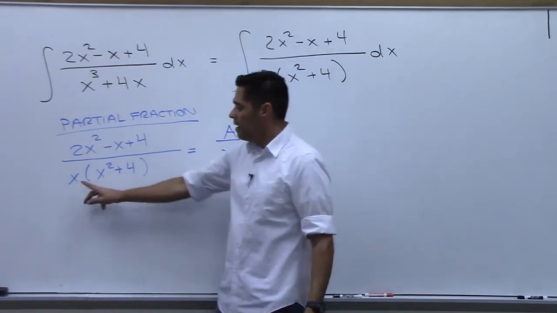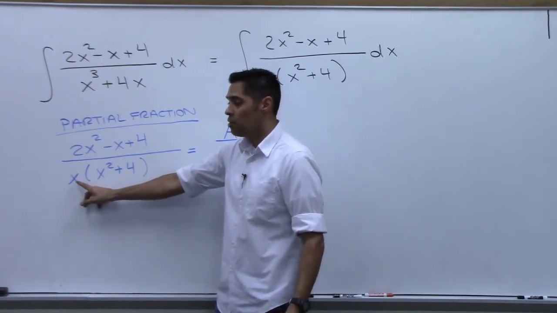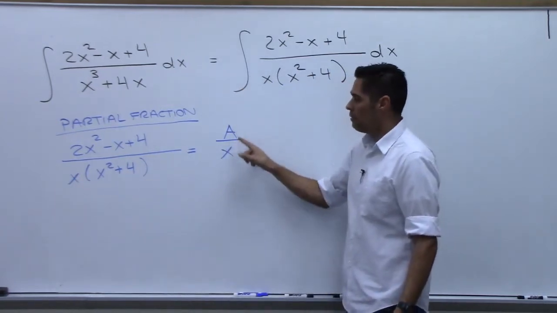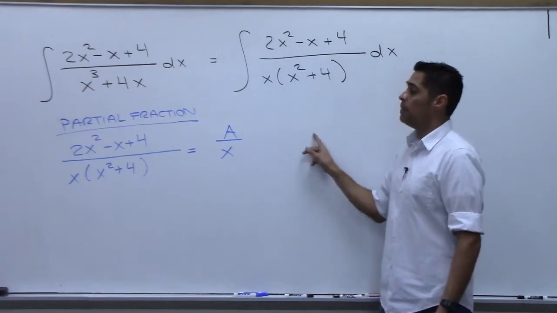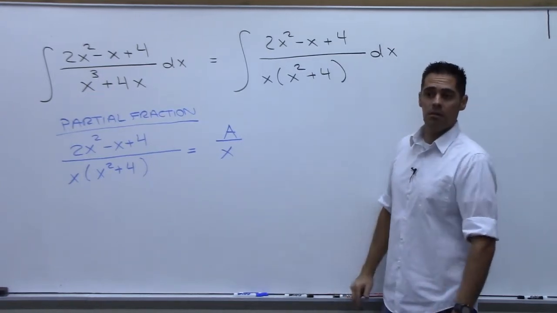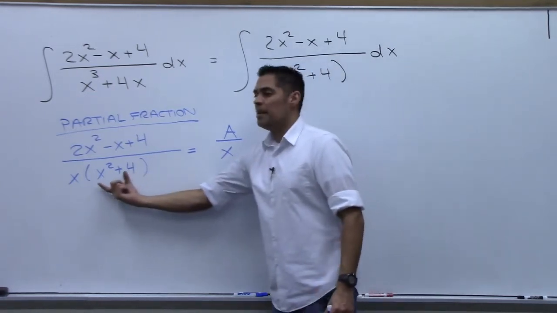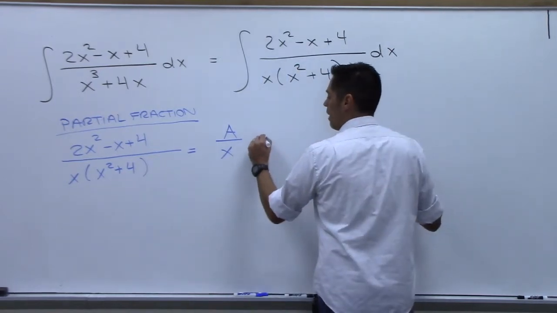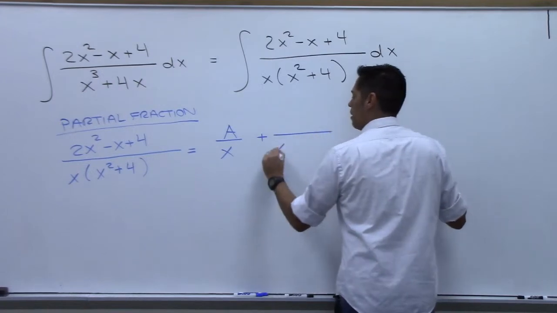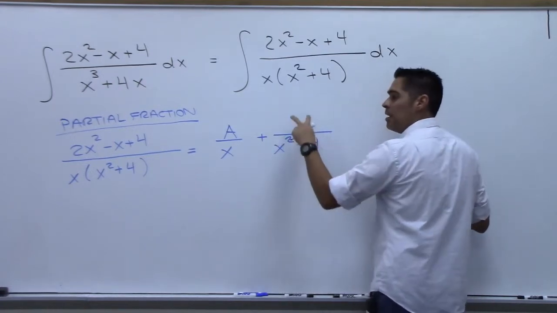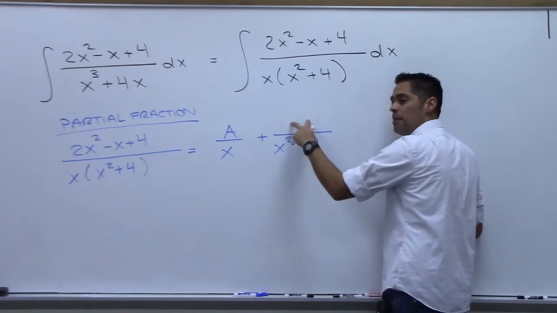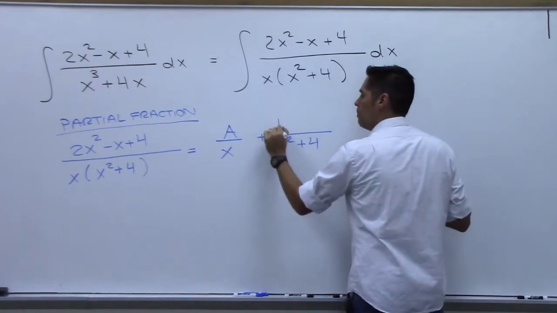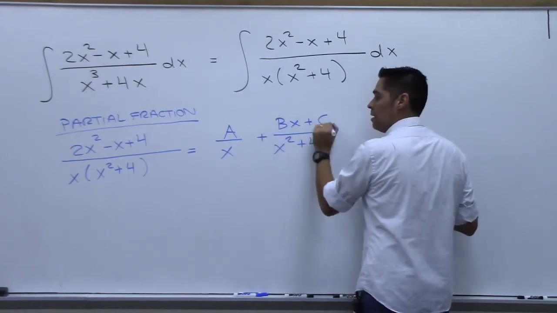What if this had been x squared? I would have put a over x, b over x squared. This is an irreducible quadratic factor. Here's what we do for irreducible quadratic factors. Instead of putting a constant up here, we put a linear expression up here, bx plus c.